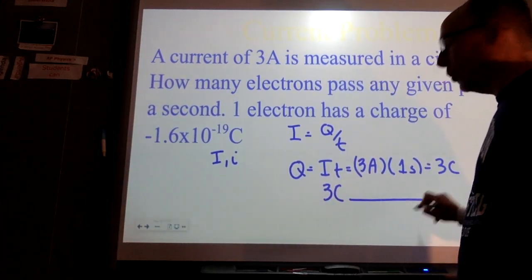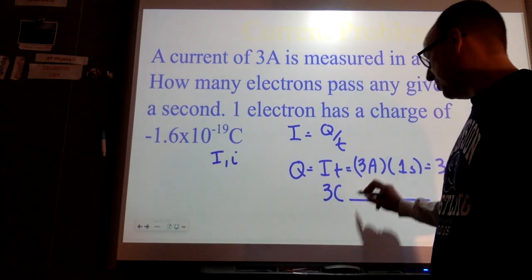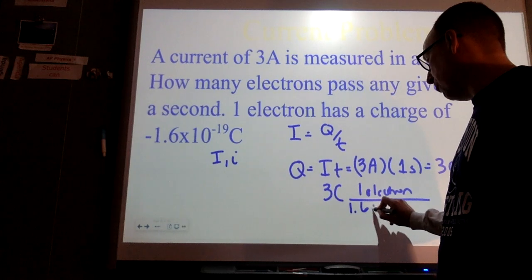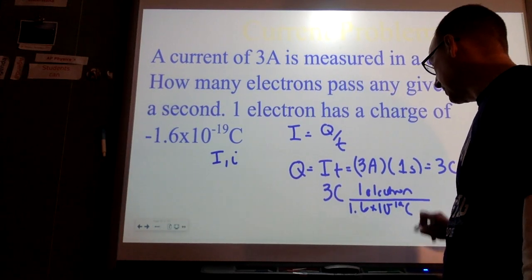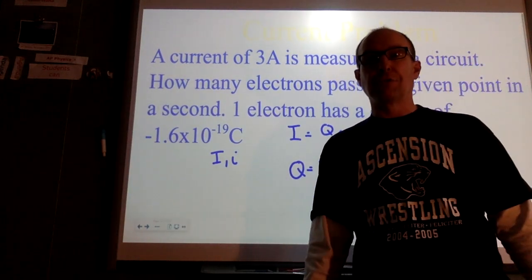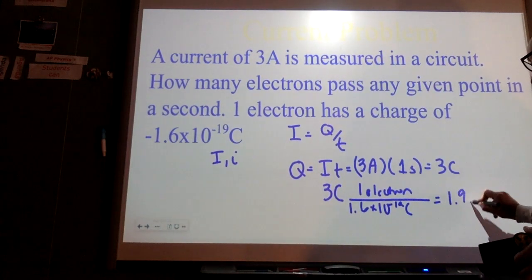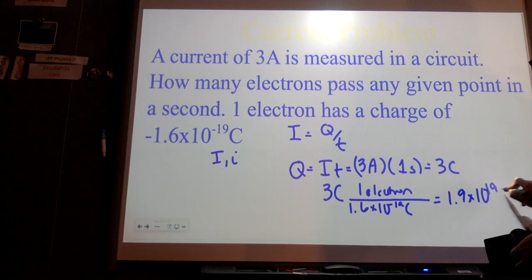And then remember, a coulomb is a ton of charge. And so we know that 1 electron's charge magnitude is 1.6 times 10 to the negative 19th coulombs, or 1.602 times 10 to the negative 19th coulombs. And we get 1.9 times 10 to the 19th electrons.